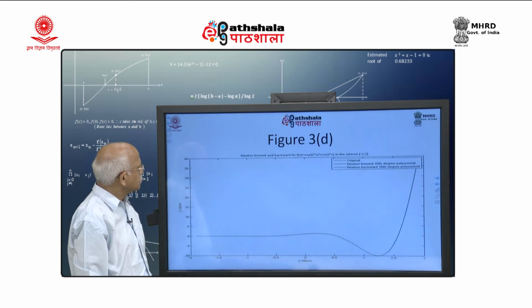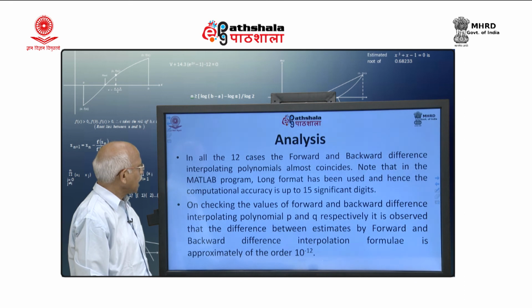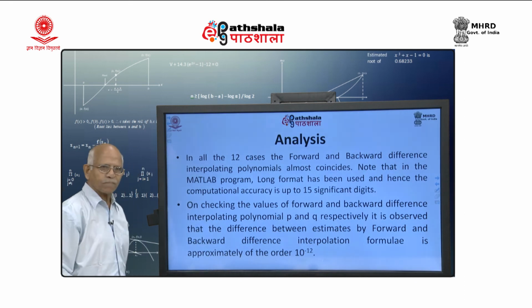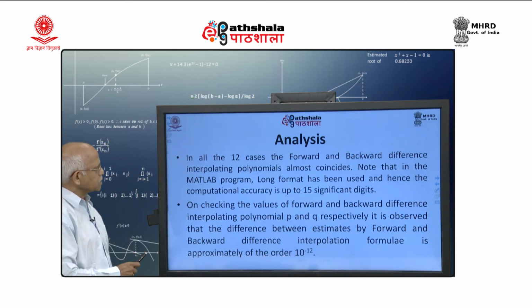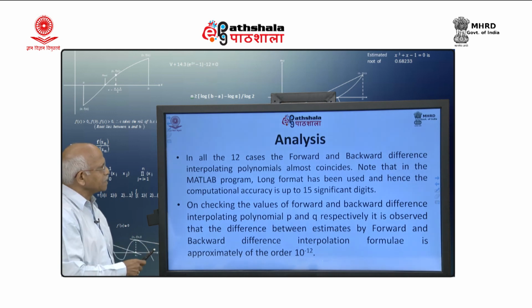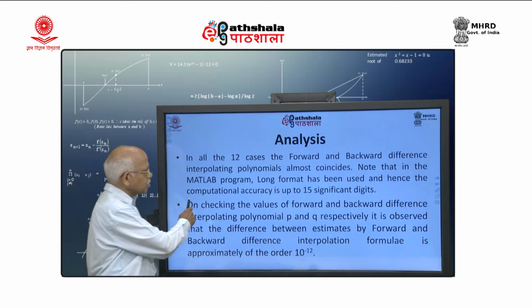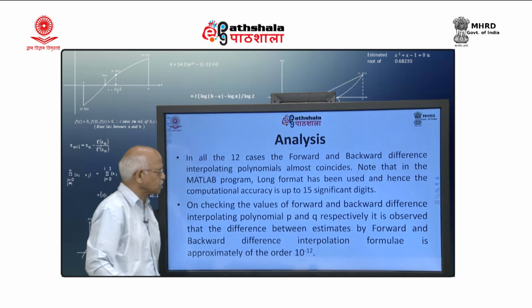Now, this is figure 3d, and now we can do the analysis. In all the 12 cases, the forward and backward difference interpolating polynomials almost coincide. Note that in the MATLAB program, long format has been used, and hence the computational accuracy is up to 15 significant digits.